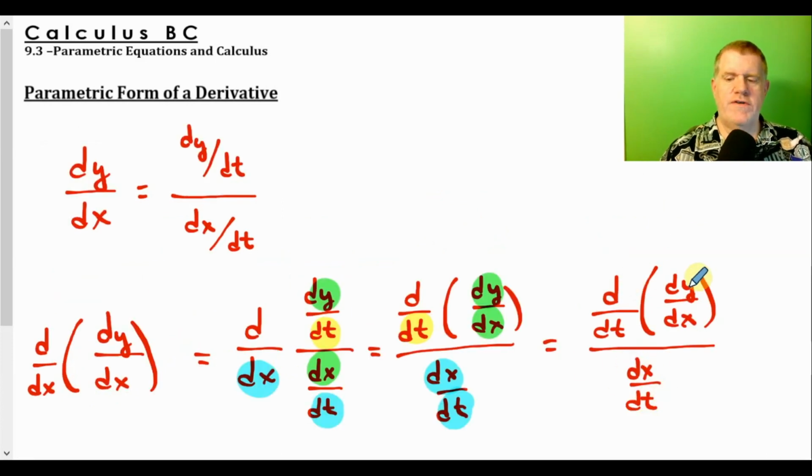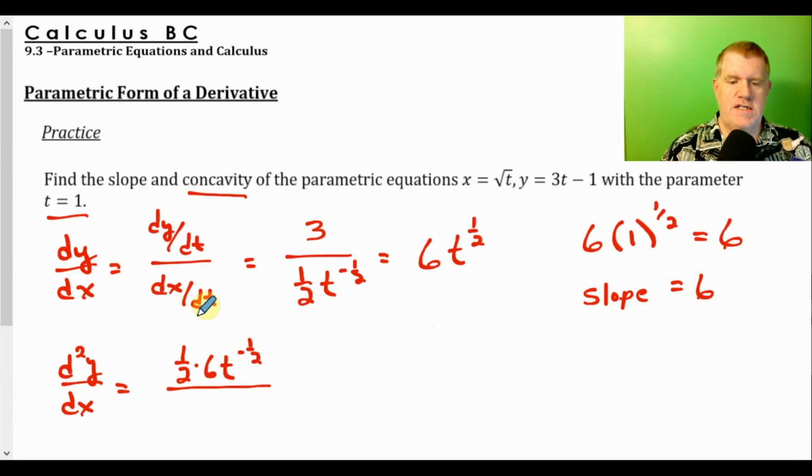Remember, we're taking the derivative of the function we just found over the derivative of x with respect to t, which is 1/2 t to the negative 1/2. So you're taking the derivative of the derivative, that's the numerator, and your denominator is dx dt.